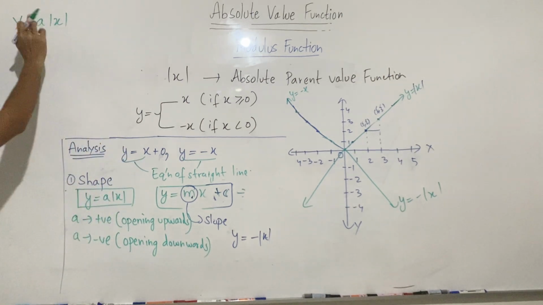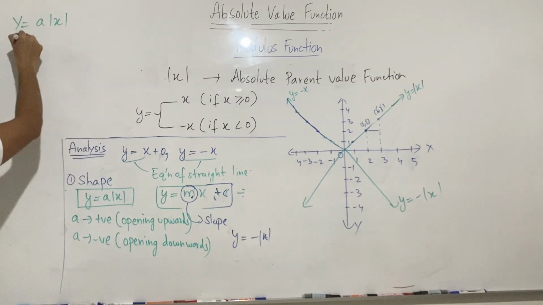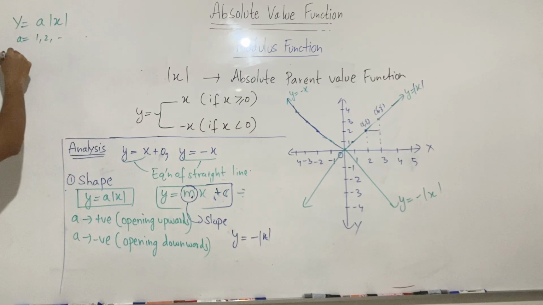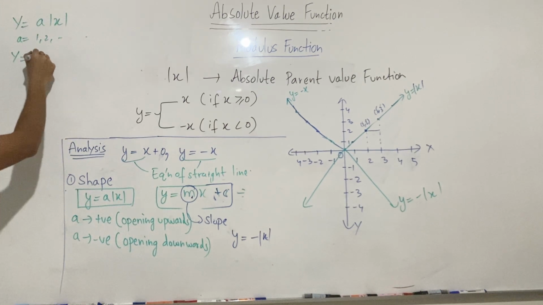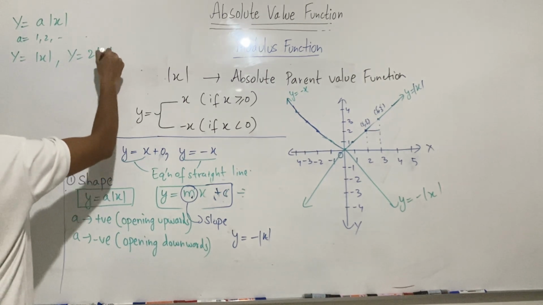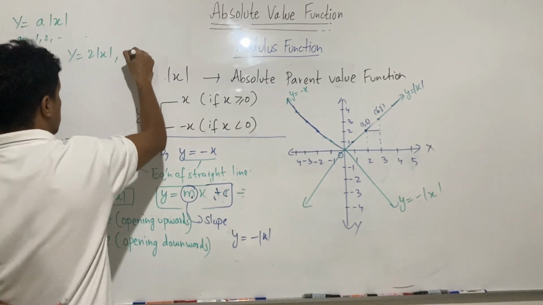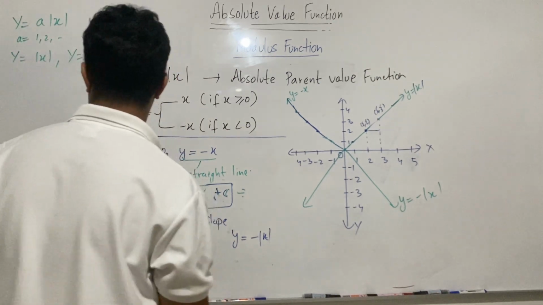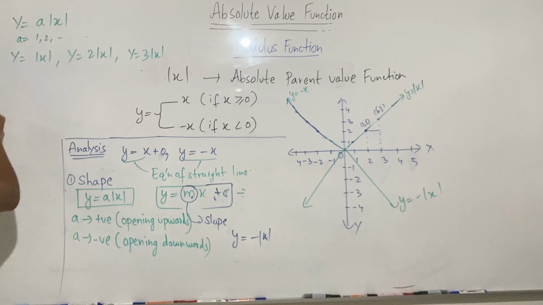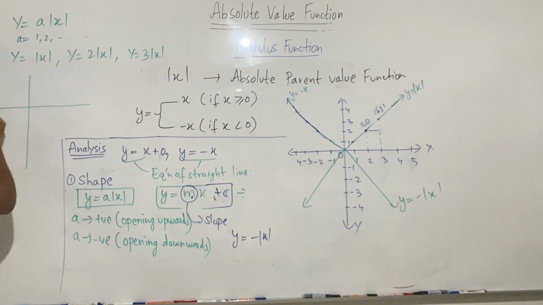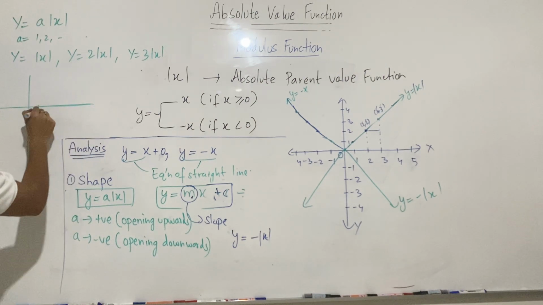Now I am writing that a can be 1, 2, 3, and so on. So here y is mod x, y equal to 2 mod x, and y equal to 3 modulus function of x. Okay, now I want to draw the graphs of this.